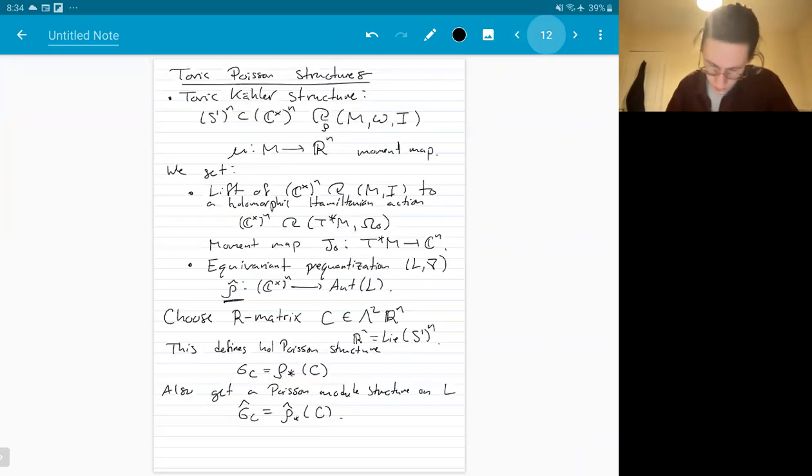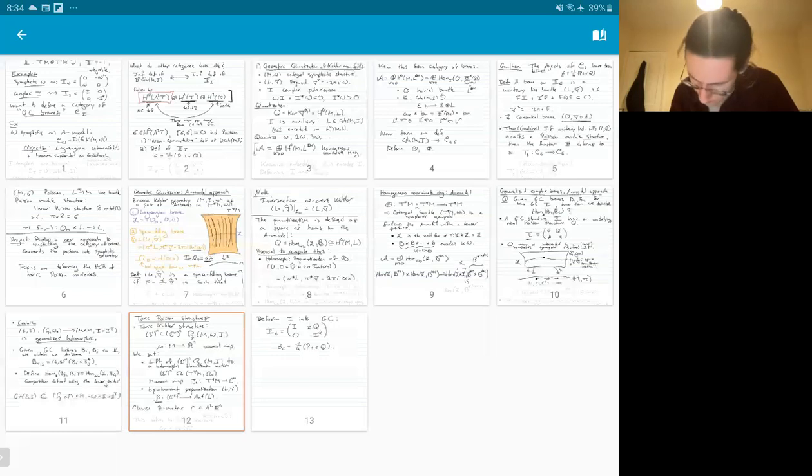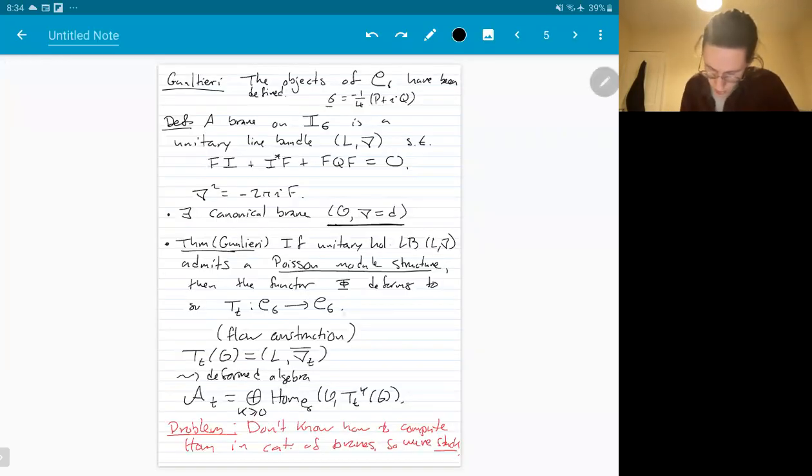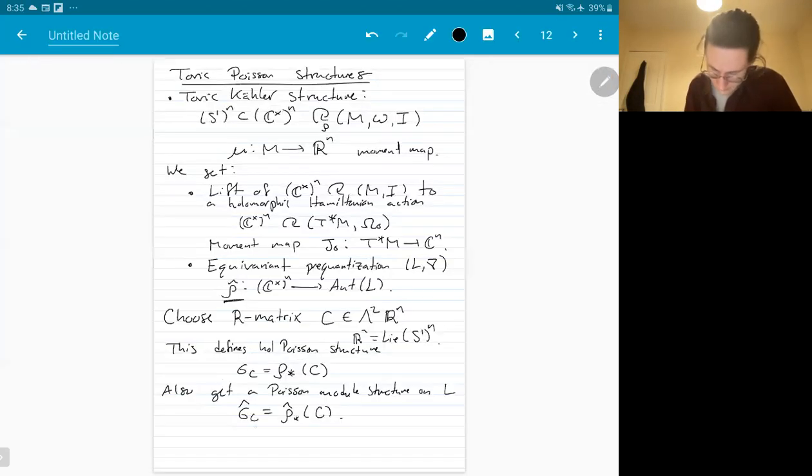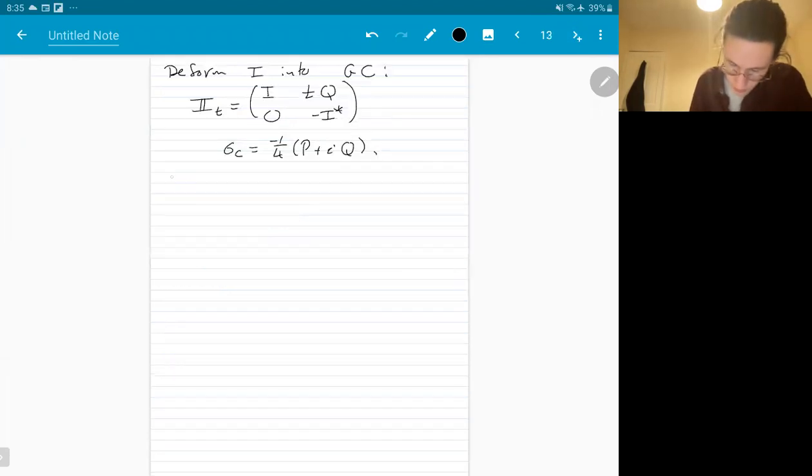But also, if you remember Mariko's theorem, in order to deform the L into a brane, we need to choose a structure of a Poisson module on the line bundle, and that's exactly what we have here. So we get a deformation of L, or the operation of tensoring with L, to this endofunctor T sub T using the flow construction.